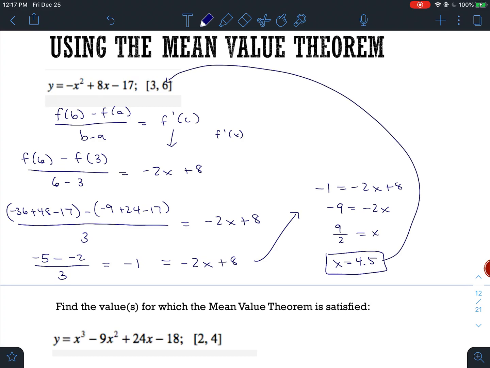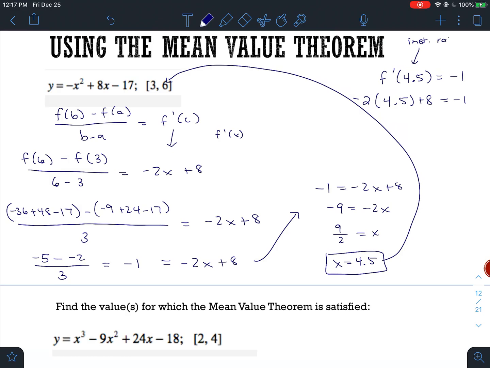So at 4.5, which is in between 3 and 6, we know that the derivative at 4.5 is going to equal the average value, which is negative 1. So if I took 4.5 and plugged it into the derivative, negative 2 times 4.5 plus 8, I get negative 1.